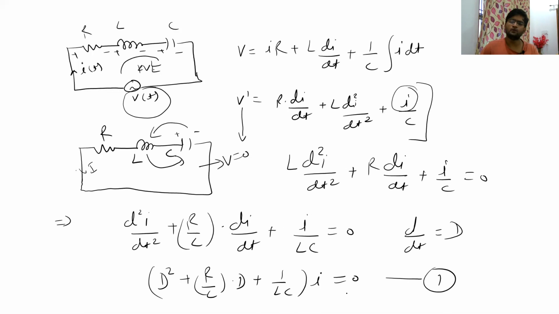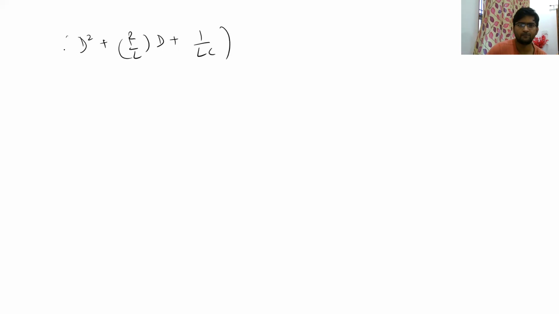So if you remember the differential equations from mathematics, let me write this equation again: D square plus R by L D plus 1 upon LC into i is equal to 0.